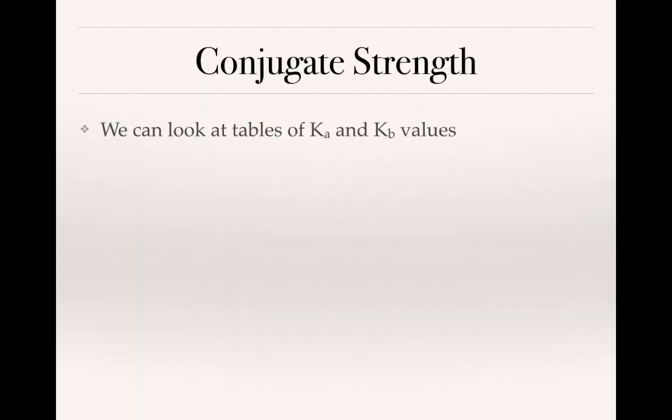Now if we look at how strong a conjugate is in terms of its acid and base strength, we can look at tables of Ka and Kb values. We would notice that the Kas and Kbs for our weak acids and weak bases are fairly small, 10 to the minus 3, 10 to the minus 4, 10 to the minus 5, etc. Those K values always favor the reactants.